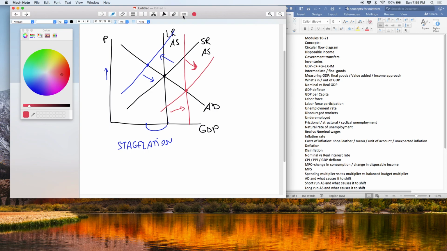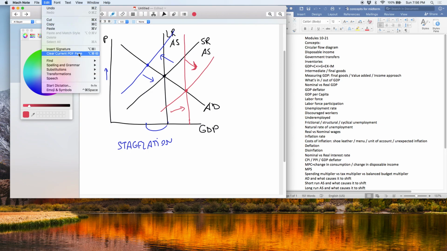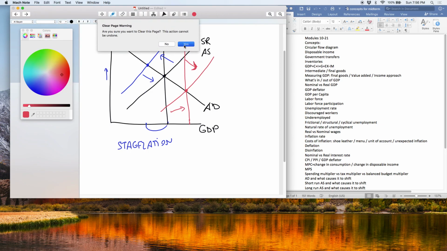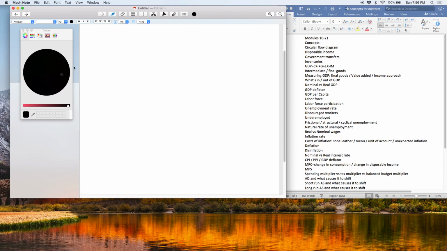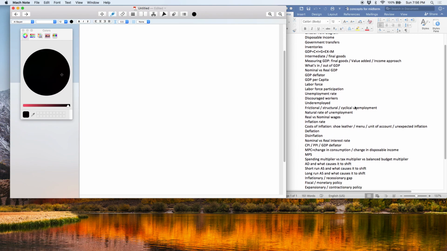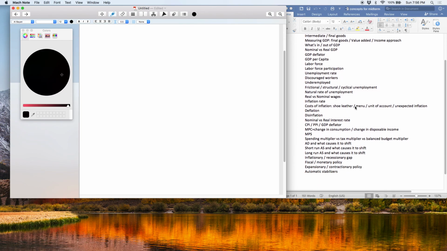All right, now let's go back to the analysis. We mentioned what can happen in the short run and in the long run if the government doesn't get involved.